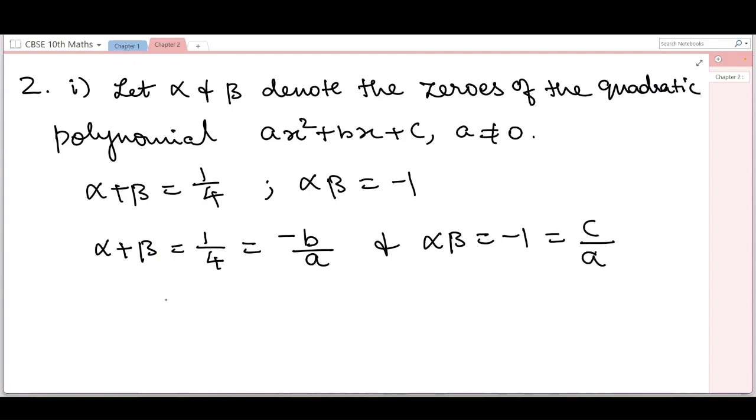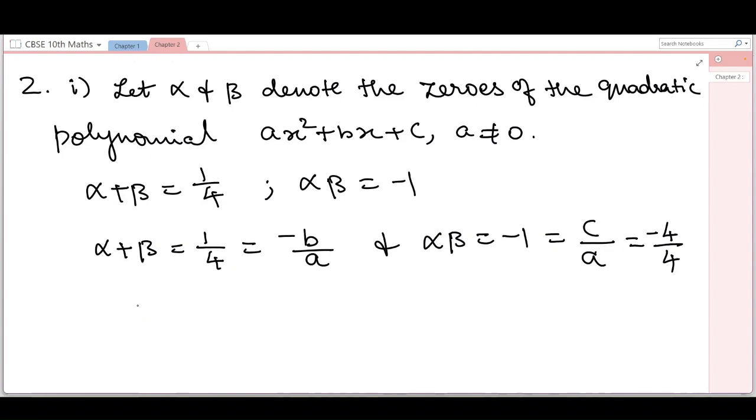So from this what we can observe is, here we have a value to be 4, but here it is 1. So is there any possibility to convert this 1 such that a value will be 4? So minus 4 by 4, right?